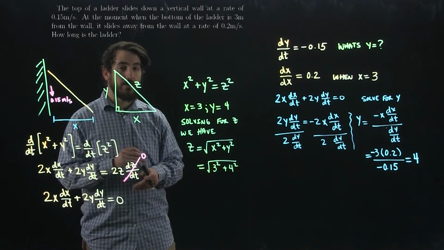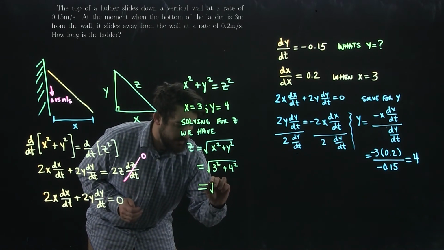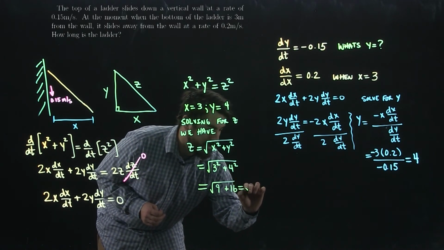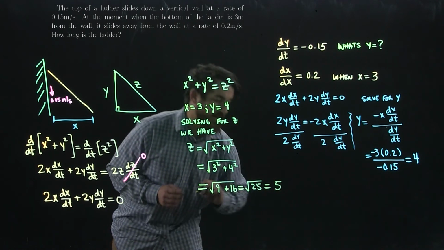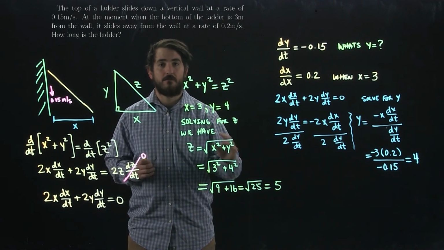And you may have already noticed that this is a 3, 4, 5 triangle, which equals the square root of 9 plus 16, which equals the square root of 25, which then equals 5. So the length of this ladder is 5 meters.